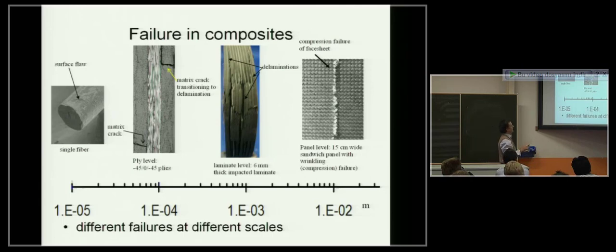And you hit an interface between the minus 45 in this case and the 0, or in this case the 0 and the minus 45 on the other side. And then as a crack you have to decide, do I stop or do I continue? And if you are a strong crack, then you will try to move into the 0, and sometimes you can do it. Otherwise, you will move along the interface.